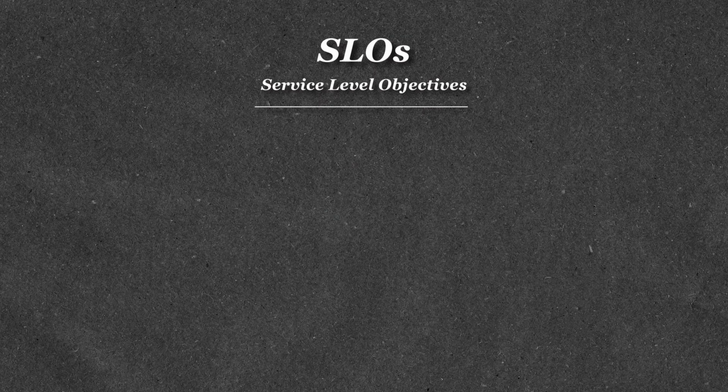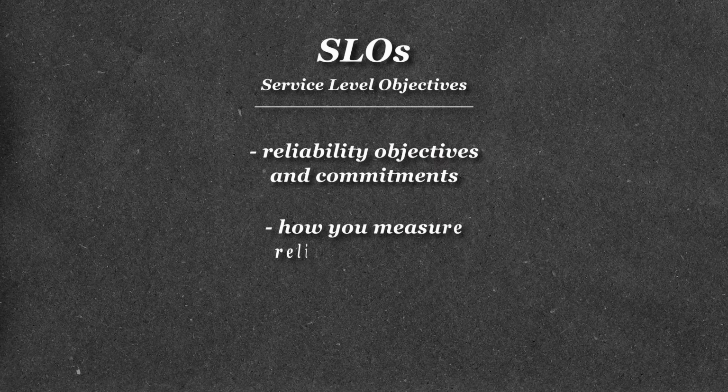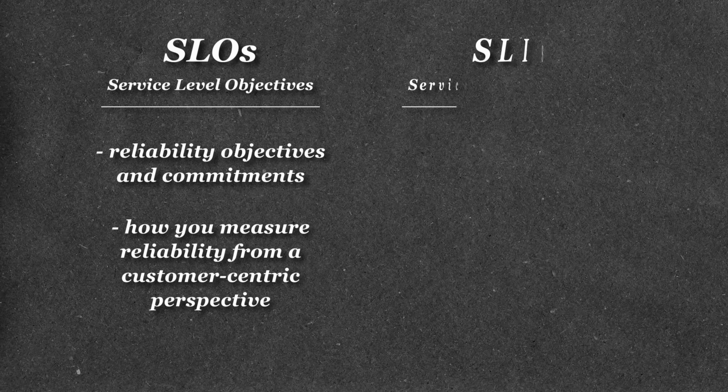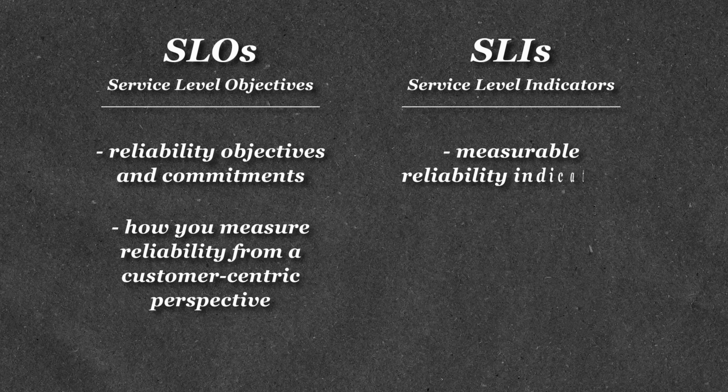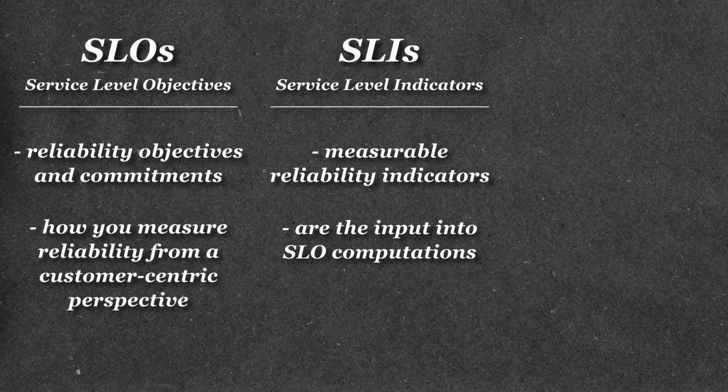SLOs are a way to quantify reliability into something measurable that we can communicate out to our team using numbers or dashboards. SLOs are reliability objectives and commitments. SLOs are ideally how you measure reliability from a customer-centric perspective. SLIs are measurable reliability indicators, which are the input into SLO computations.